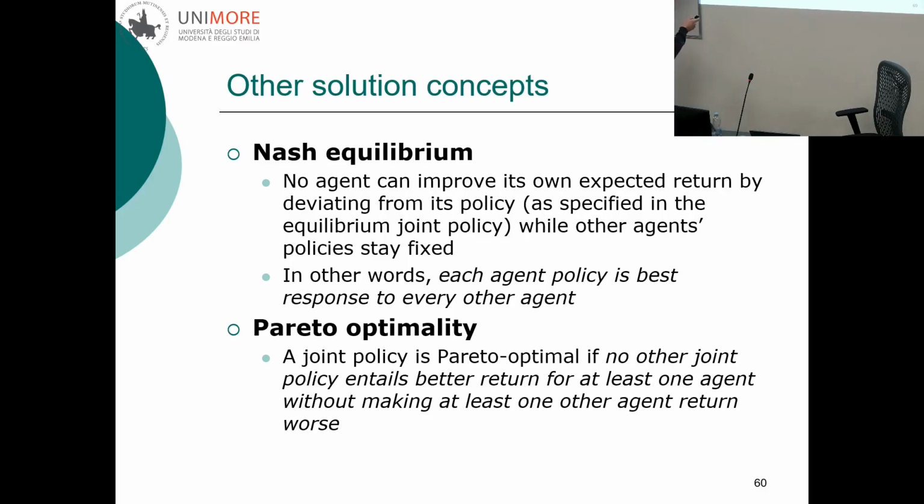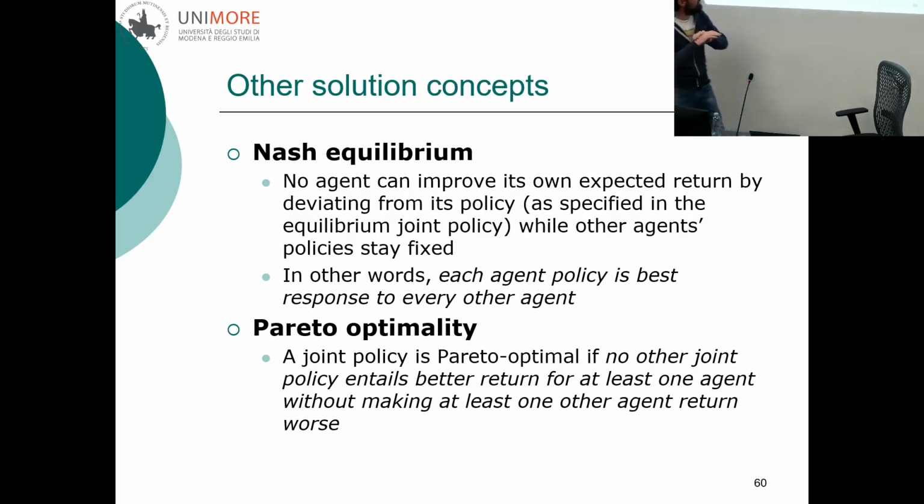So, a Pareto optimal joint policy means, let's turn it around. If we are in a given joint policy and the only way I have to improve the expected return of any agent, any of you or me, doesn't matter, so let's assume me, the only way I have to improve my expected return is to make at least one of you worse.